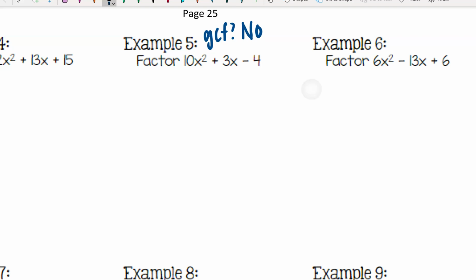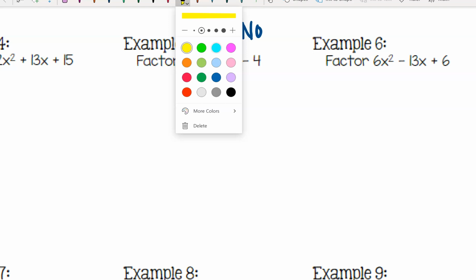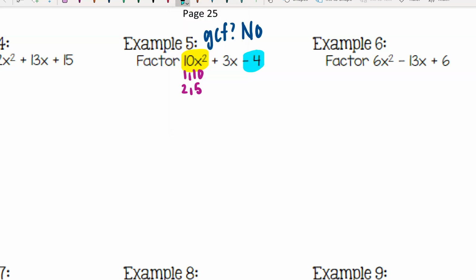So now you know you can go ahead and start working at your factored term. So looking at a, I know that I have factors of 1 and 10 and 2 and 5. For c, your constant back here, I know that I have factors of 1 and 4 and 2 times 2.